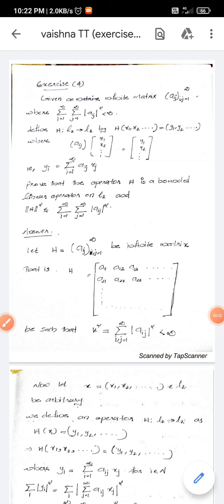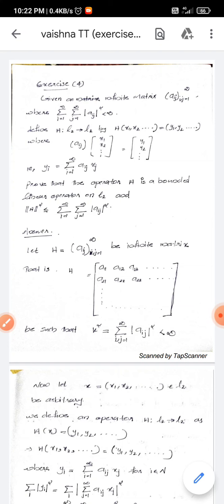Then here we have to discuss exercise 4. The question is, given an infinite matrix Aij, i, j equal to 1 to infinity, where the double sum over i and j from 1 to infinity of the absolute value of Aij squared is less than infinity.